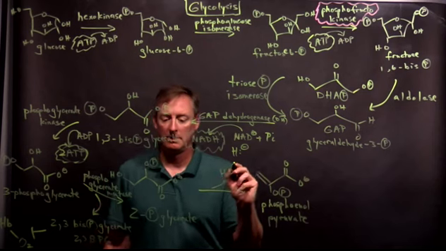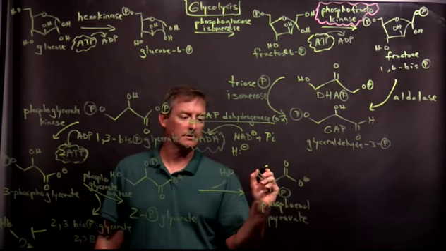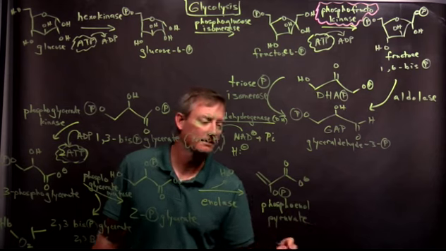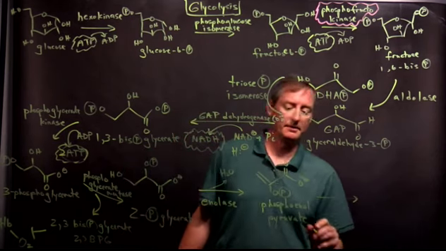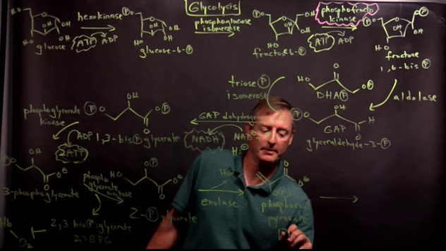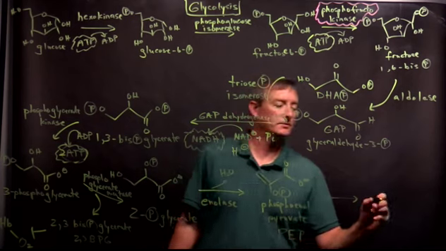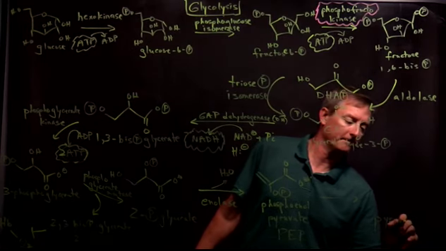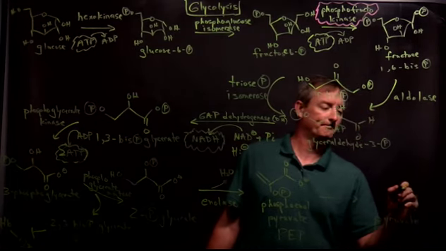And this is catalyzed by the enzyme enolase. And then PEP, as it is also known, goes on to form our final product, pyruvate.